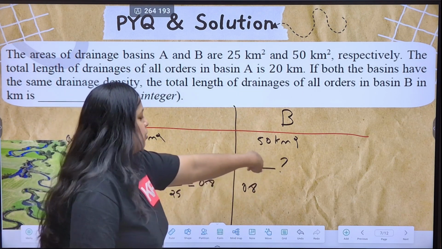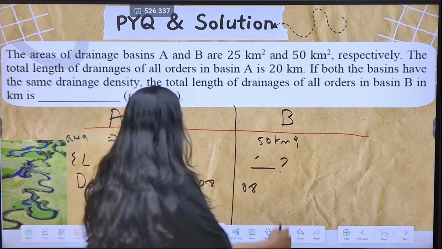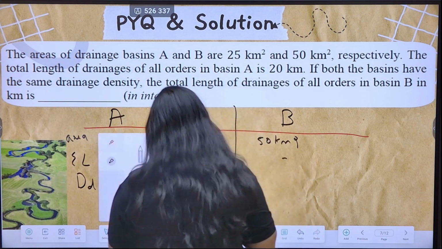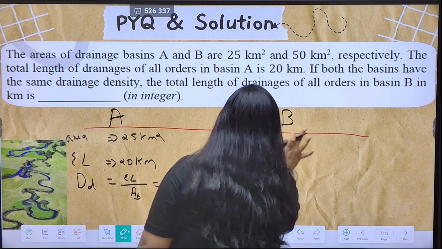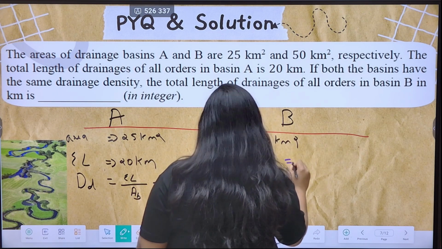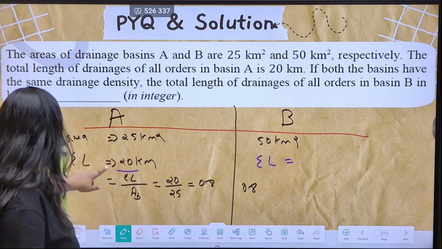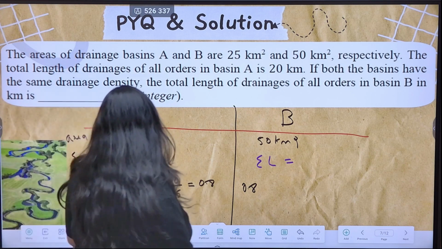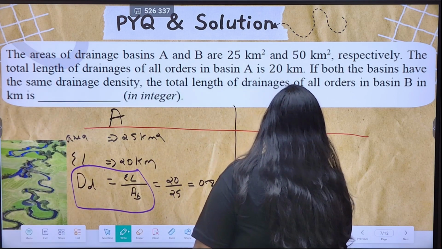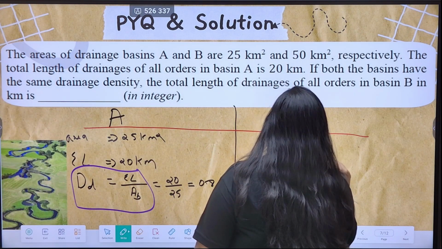So the total length of the stream channel, using the drainage density equation, will be equal to drainage density multiplied by the area of the basin.